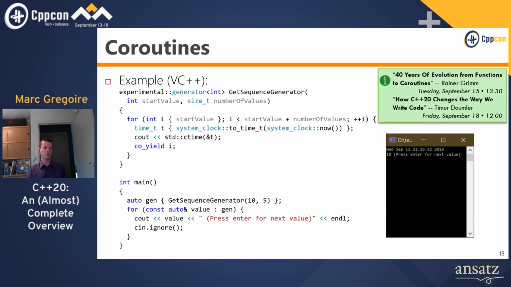So the output is as follows. The first output that I get is the date and the value 10, and then every time I press enter, the next iteration of my coroutine executes, yielding the next value, and main outputs that one to the standard output.